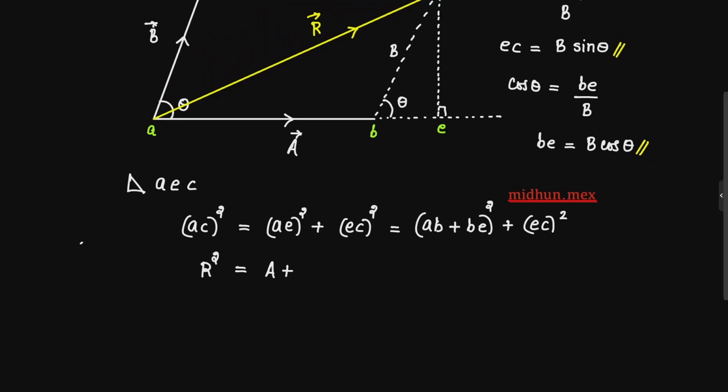So we put B cos theta, squared, plus EC, which we already got as B sine theta, squared.